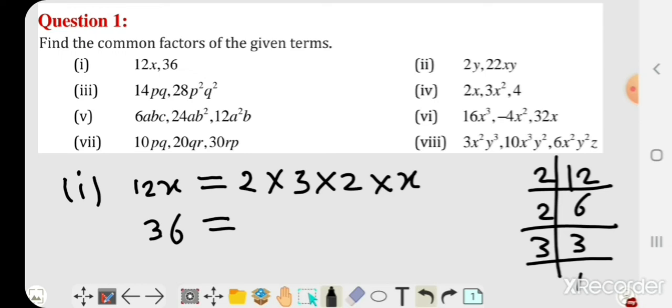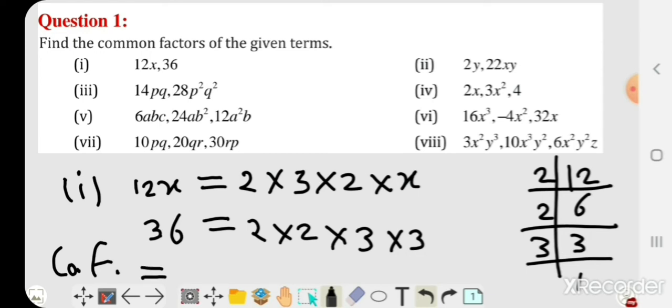Now 36, 2 2s are 4, 3s are 12, 12 3s are 36. So these are the factors of 12x and 36, but they are not asking their factors, they are asking their common factors. So the common factor will be equal to, common means which is same in both, 2 and 2.